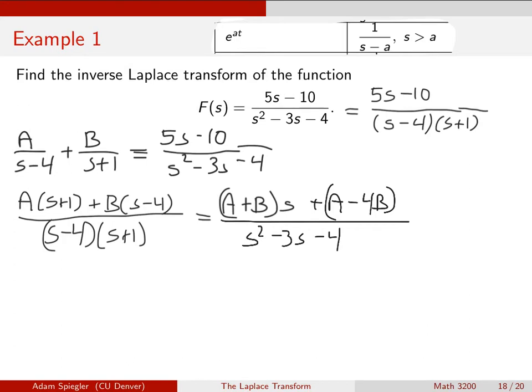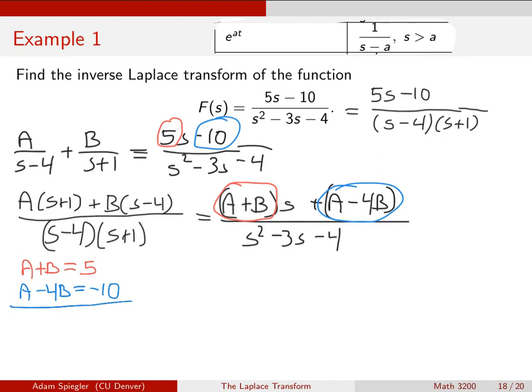So I need to find values of A and B so that A + B gives me the 5 in front of the s, and A - 4B gives me the -10 over here. So I have a system of two equations now. A + B is equal to 5, and a second equation, A - 4B is equal to -10.